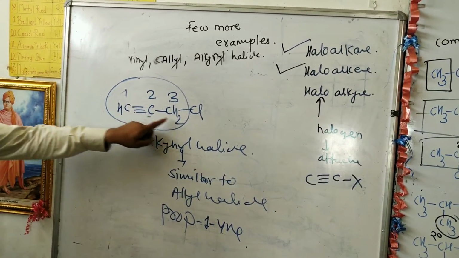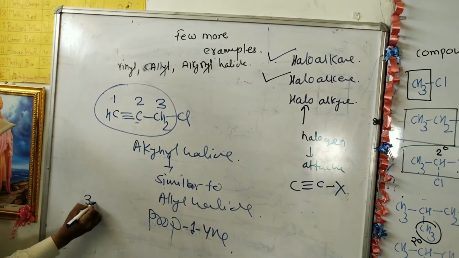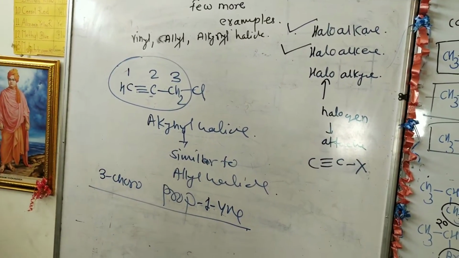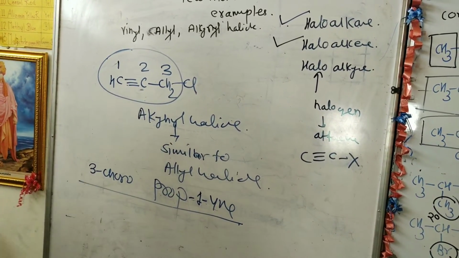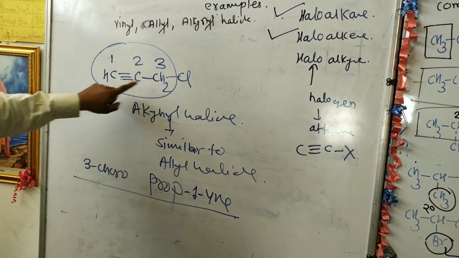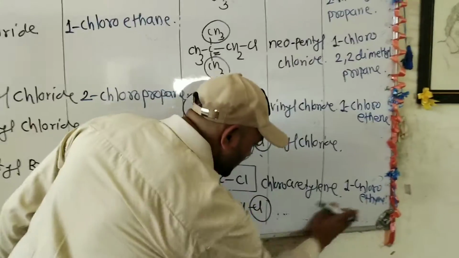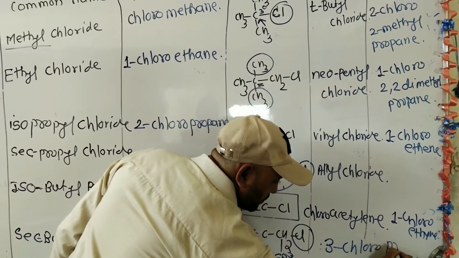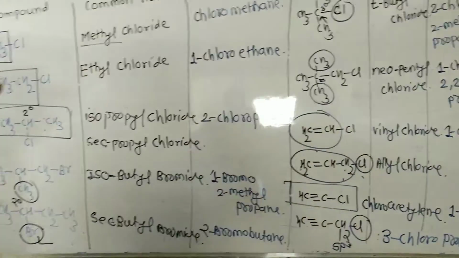So it is prop-1-yne, and the third carbon carries chlorine. So 3-chloroprop-1-yne. The name of this propargyl chloride, IUPAC name, is 3-chloroprop-1-yne.